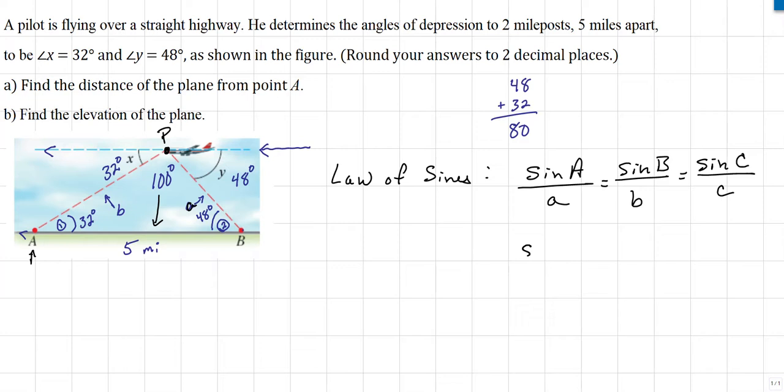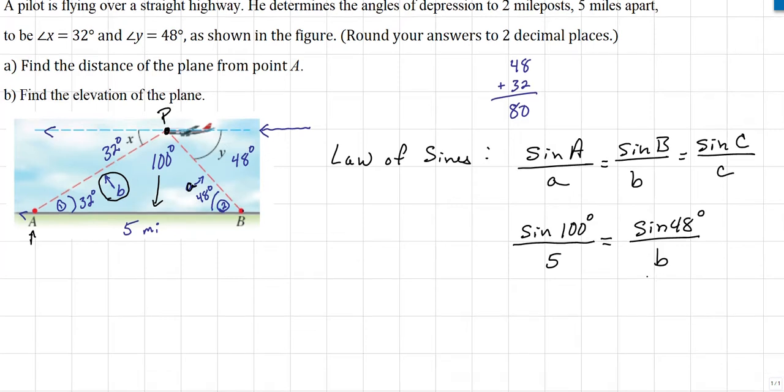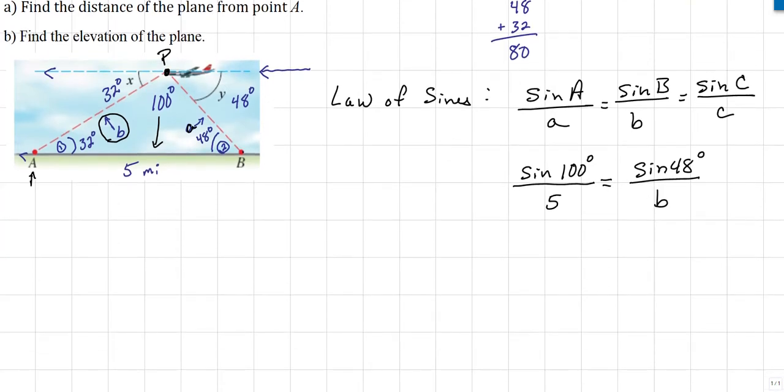So we can state that the sine of 100 degrees over the side opposite of 5 will be equal to, and remember we're looking for side B, so we're going to use angle B here, the sine of 48 degrees over the length of side B. Since this is simply a proportion, I can cross multiply: B times the sine of 100 degrees is equal to 5 times the sine of 48 degrees.